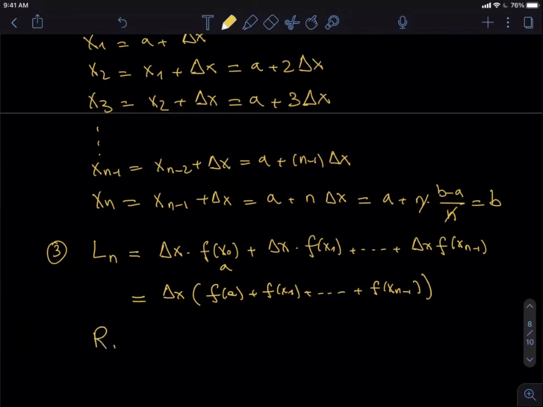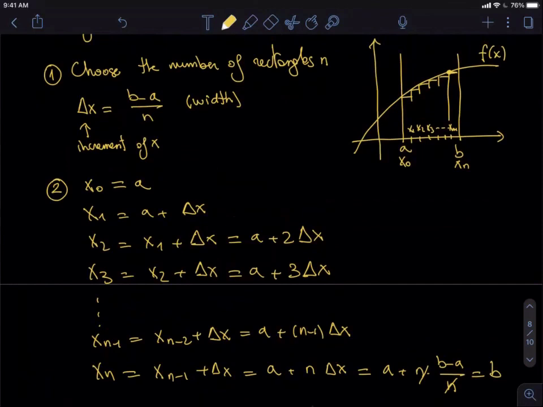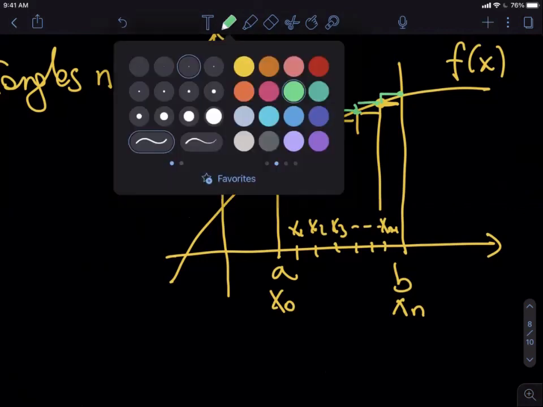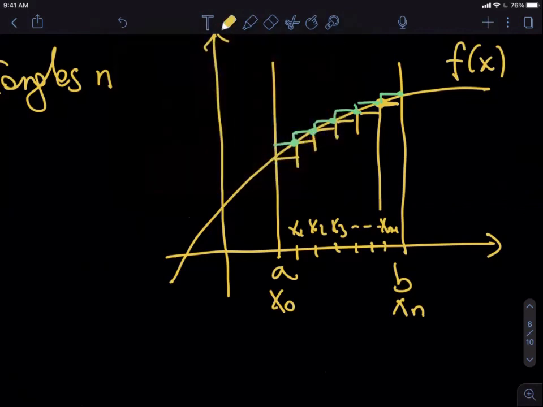But instead, if we take right endpoints, so if we look here for right endpoints, we are going to take these rectangles. Okay, so now the first rectangle has the right endpoint on x1.